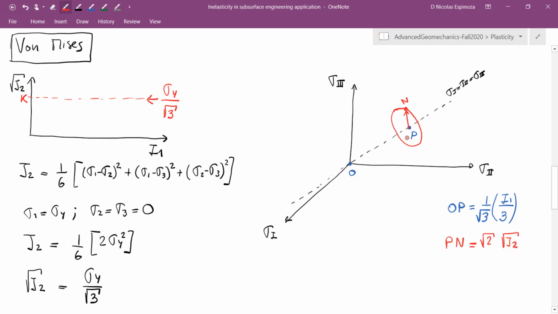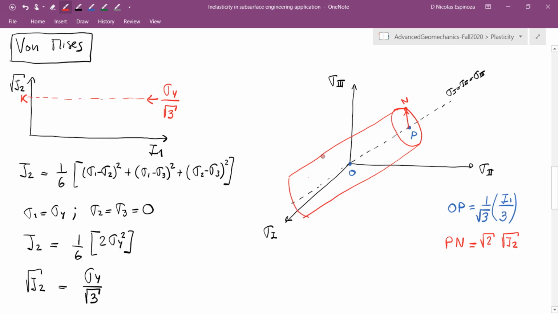And here now, since this von Mises criterion is smooth with respect to the angle that I go around the yield criterion, this is going to look like a cylinder in 3 dimensions.